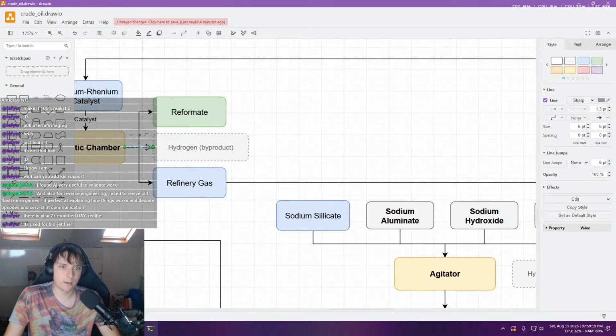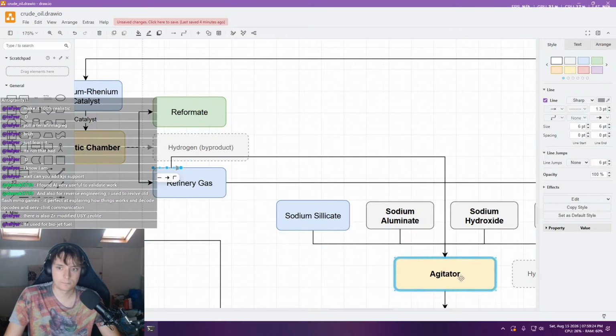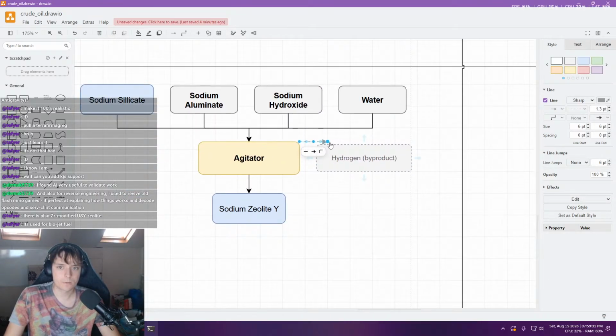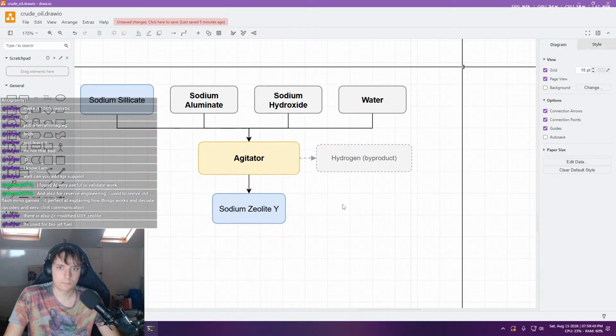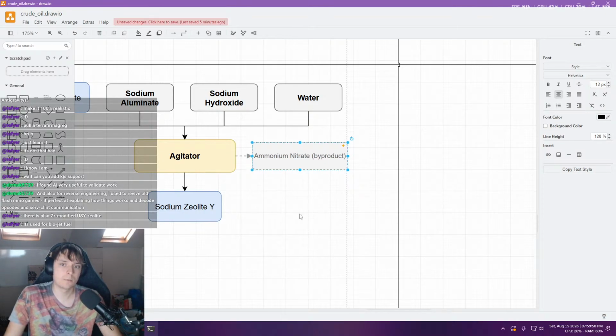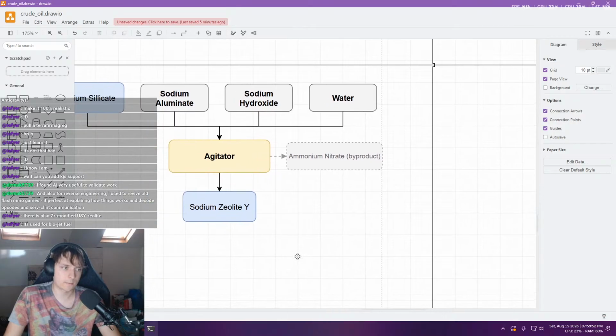Let me just grab the arrow as well. So the byproduct here is going to be ammonium nitrate, which isn't useful for this.